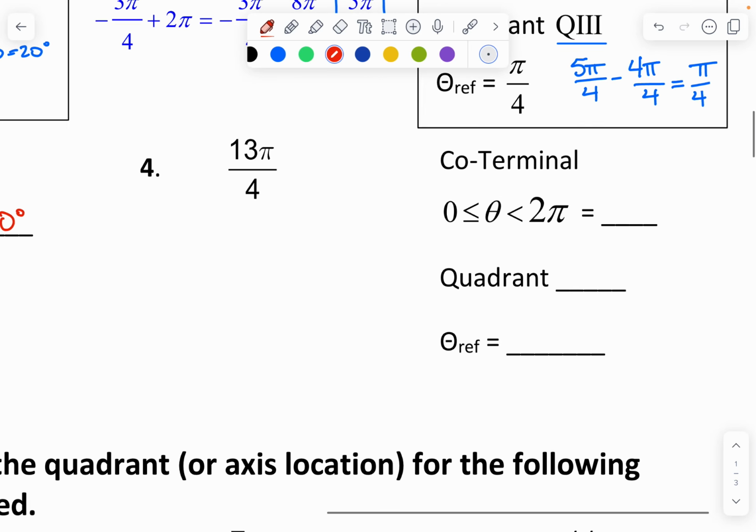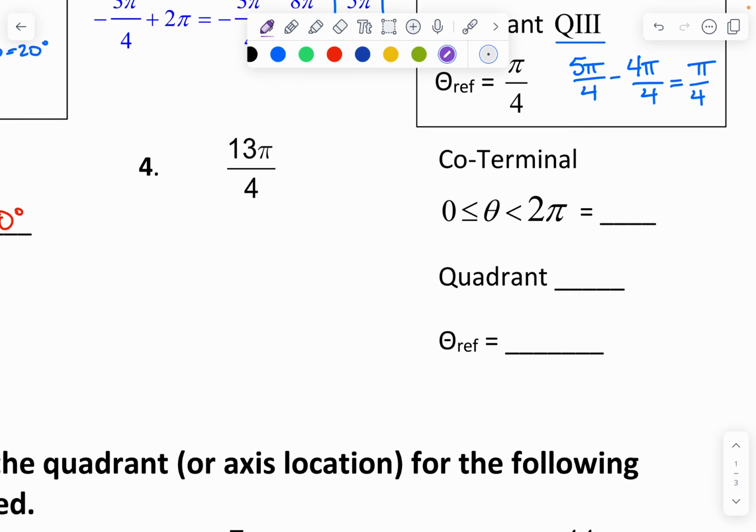For 4, this angle is over 2 pi, all right? It's over 2 pi, which means I need to take a turn away from it. And remember, 1 turn is 2 pi, but I have to match this denominator. So I can say 2 pi by also using 8 pi over 4.